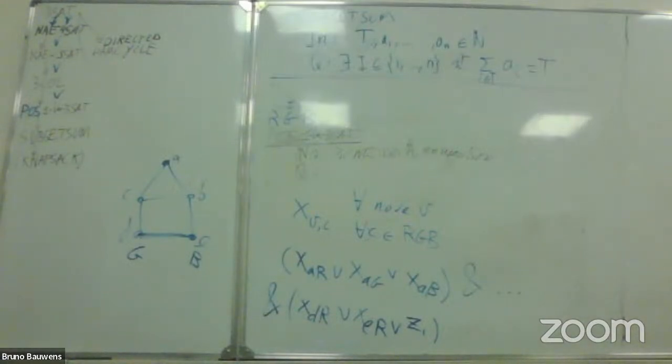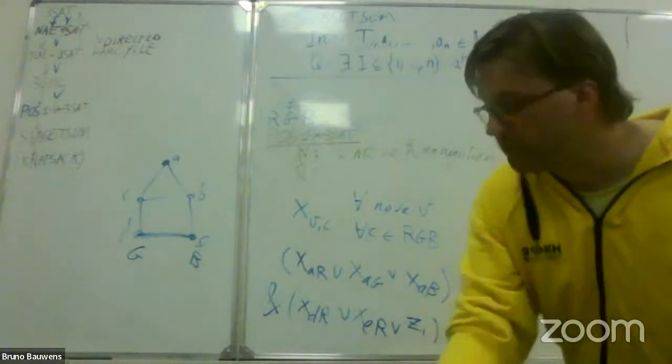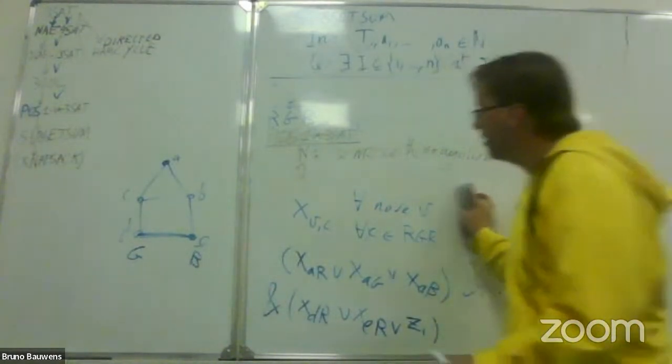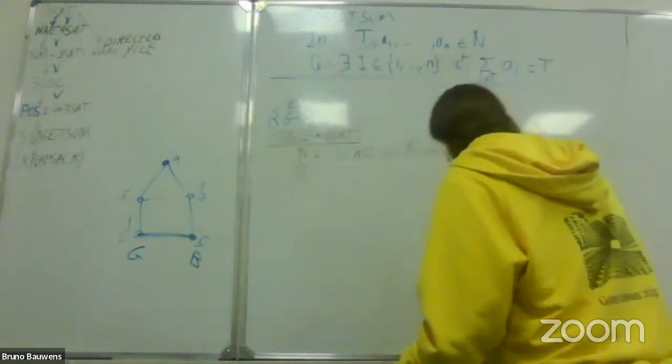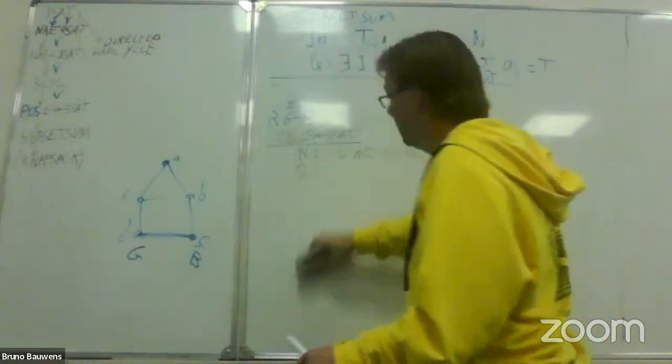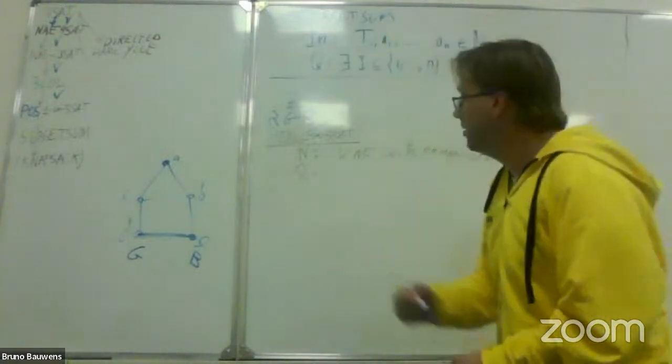If we have those numbers in unary, then, well, we know that the normal version is NP-hard, in NP, and we replace the input with an exponential of the input.